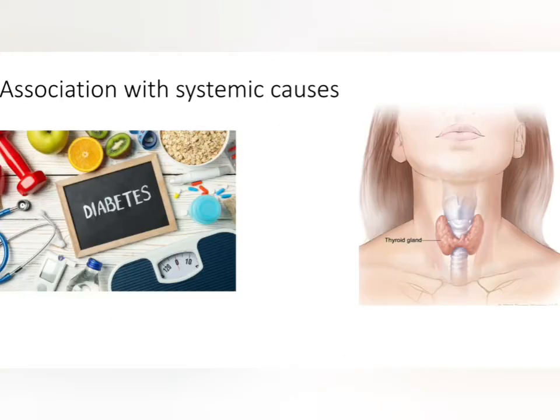Okay. Another thing is the association with systemic causes, because the eye is also a part of the body. So if any systemic infection is going on, then the effect of this systemic infection will be seen on the eye. So you need to correlate, like the person is having diabetes for more than 20 years, and due to that diabetes many ocular conditions can happen.